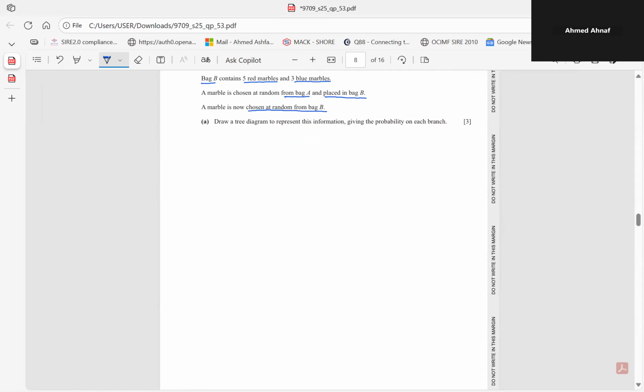And for the first part, we're supposed to draw a tree diagram to represent this information, giving the probability on each branch.